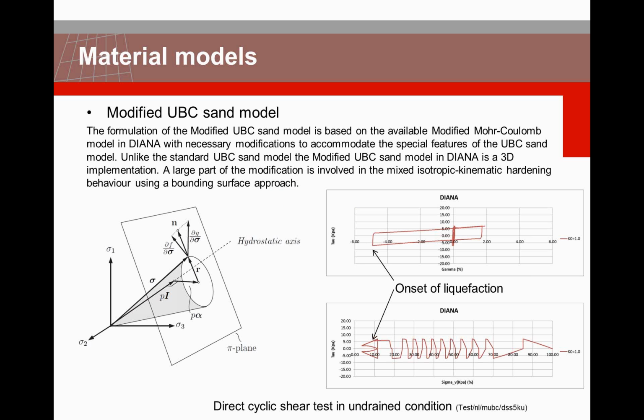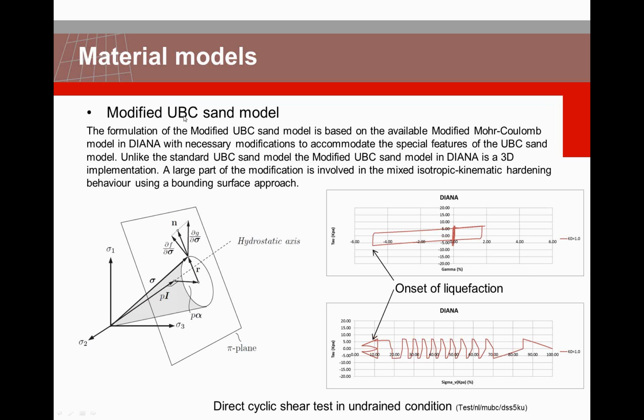A completely different class of material model that we offer newly in Diana 9.5 is a new liquefaction model. This is the UBC SAND model, which is developed by the University of British Columbia.